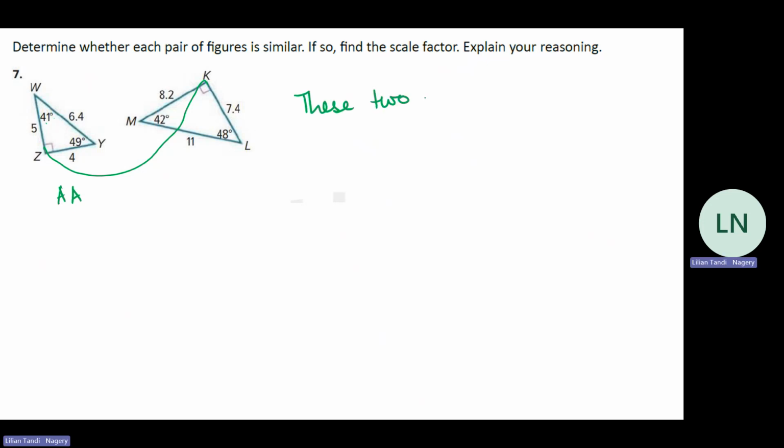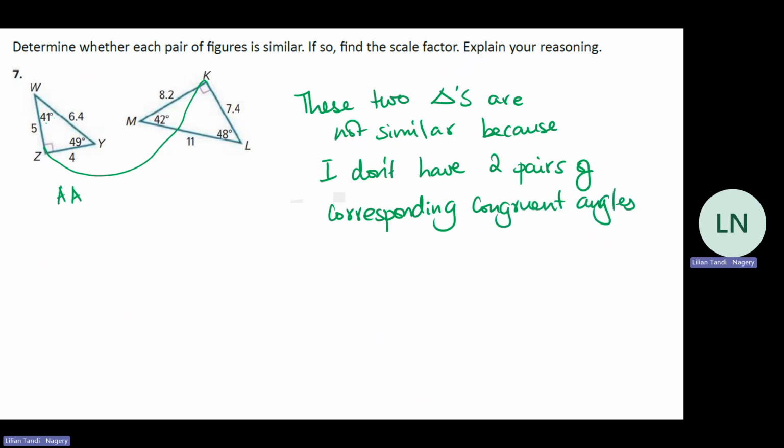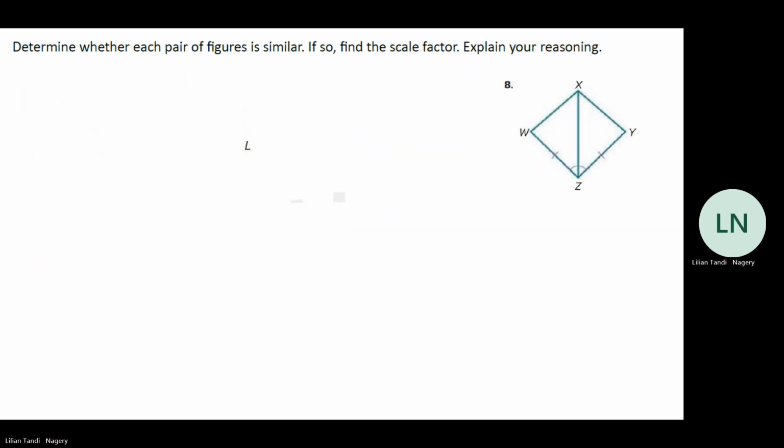These two triangles are not similar because I don't have two pairs of corresponding congruent angles. All right, we stop here. I will come back later. Okay.